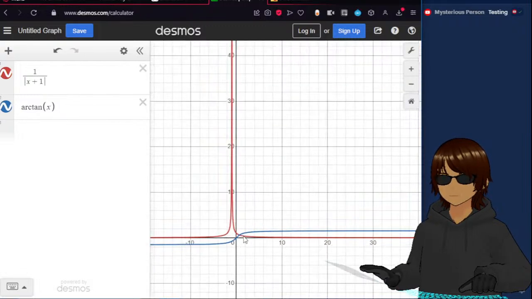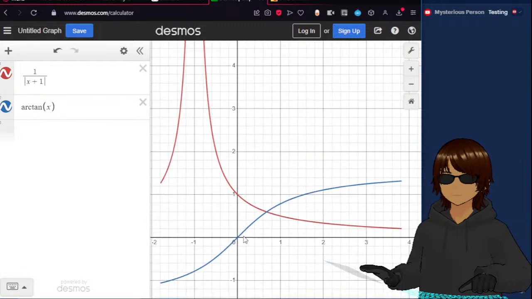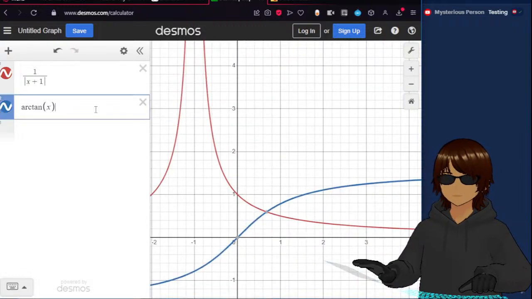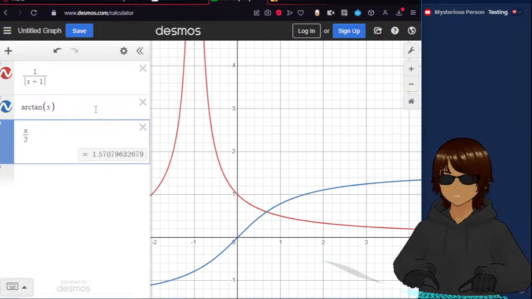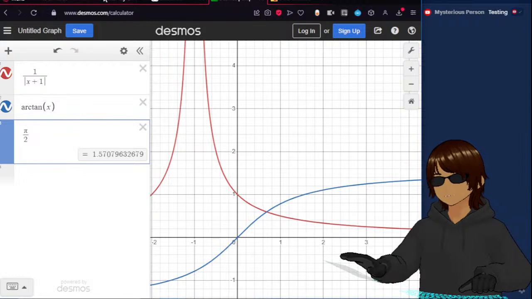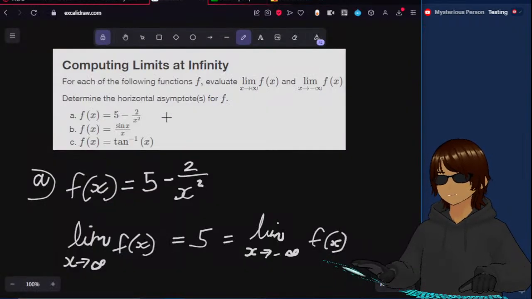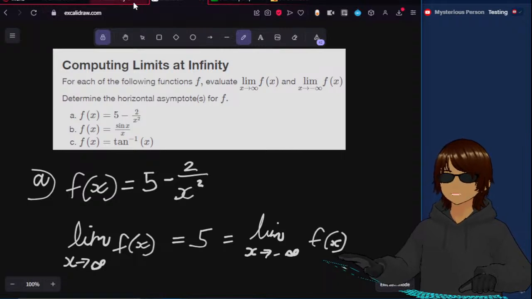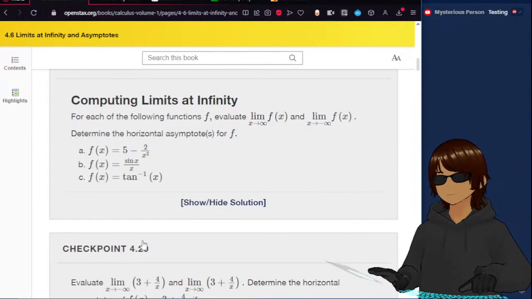Wait. What is pi over 2? I think it's this. I think it's pi over 2 for the positive infinity and negative pi over 2 for the negative infinity.